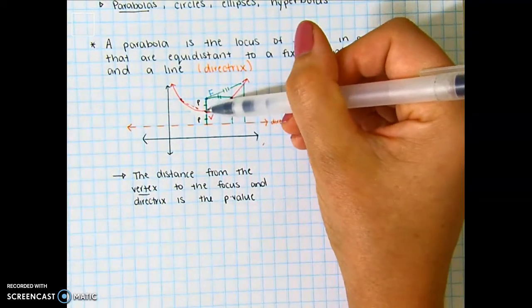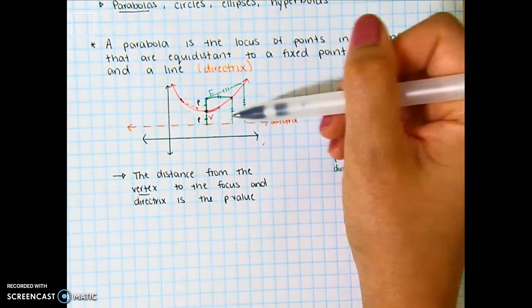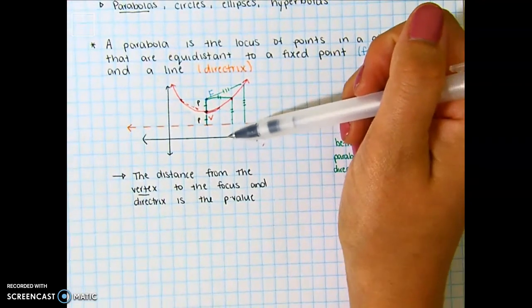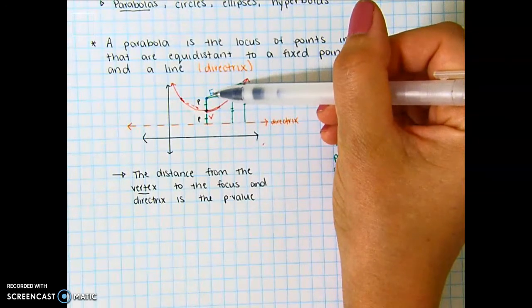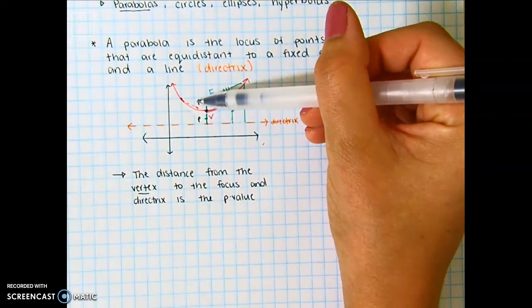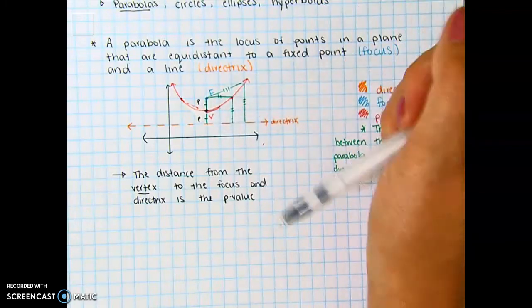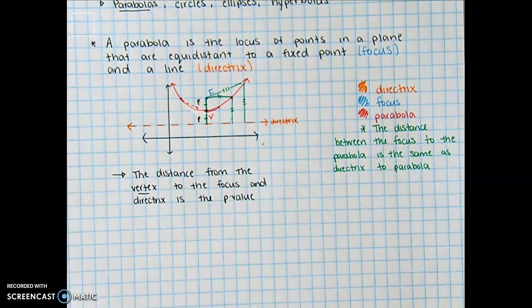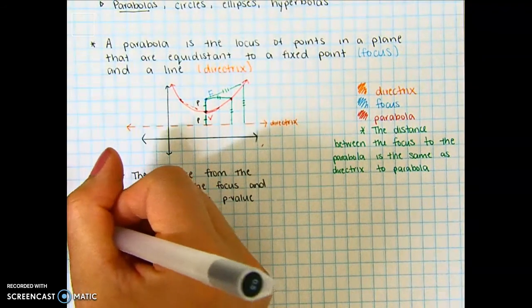So focus to vertex, that is a distance of p, and vertex to directrix is a distance of p. The three most important parts are four, I guess. So the focus is going to be very important, the p-value, the vertex, and the directrix. You need to have each of these, I mean four. 1, 2, 3, 4. 4 things, sorry.